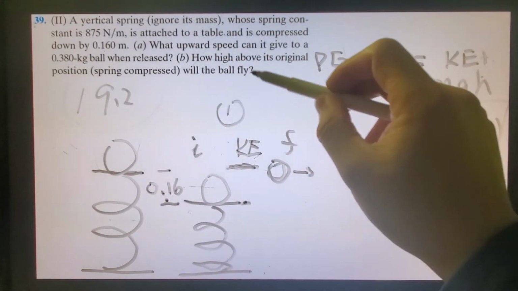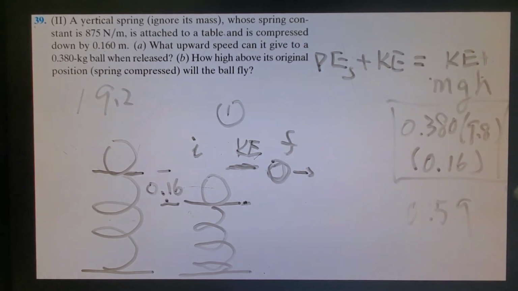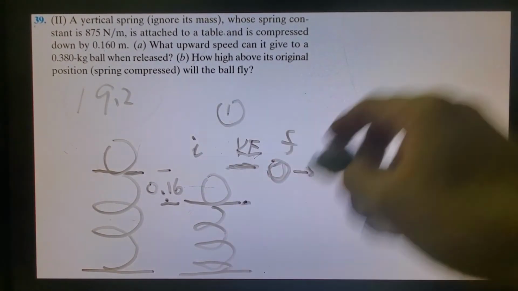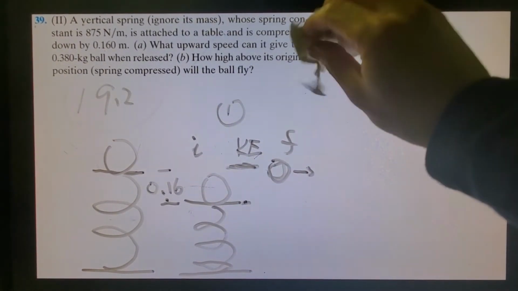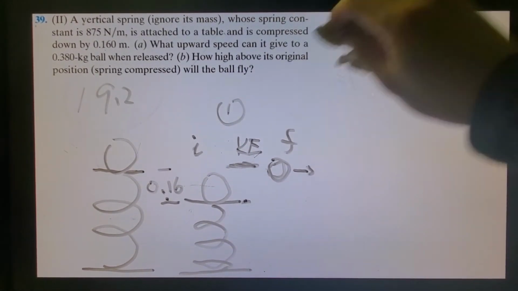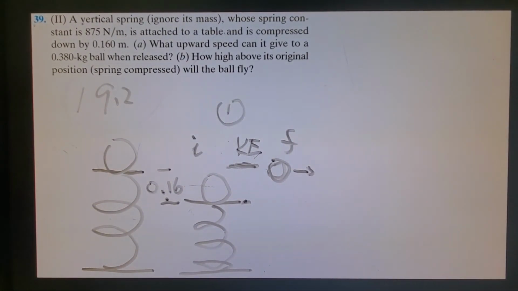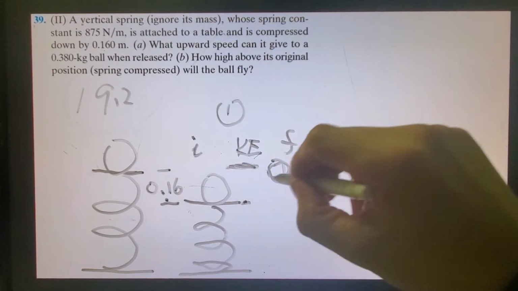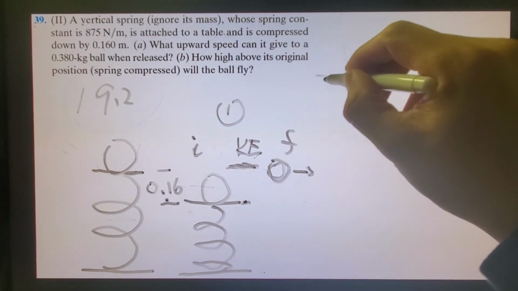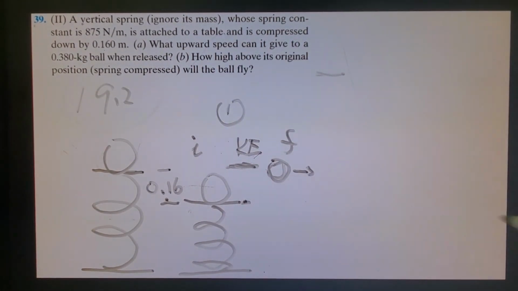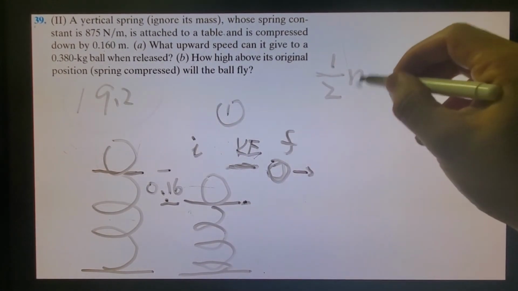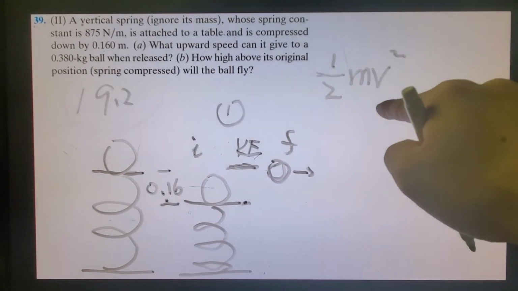How high above the original position can it go? There are two ways of solving this one. We can use our old formula because we know the velocity when it leaves the spring, or we can use conservation of energy. Let's use conservation of energy. By the time it just leaves the spring, we call this 0, and it will have kinetic energy only, half m v squared, where v is 19.2.